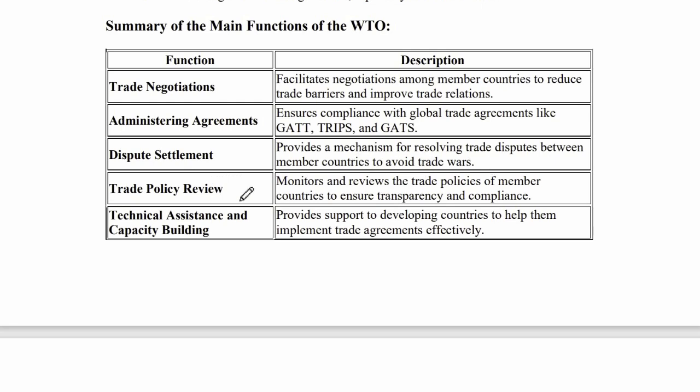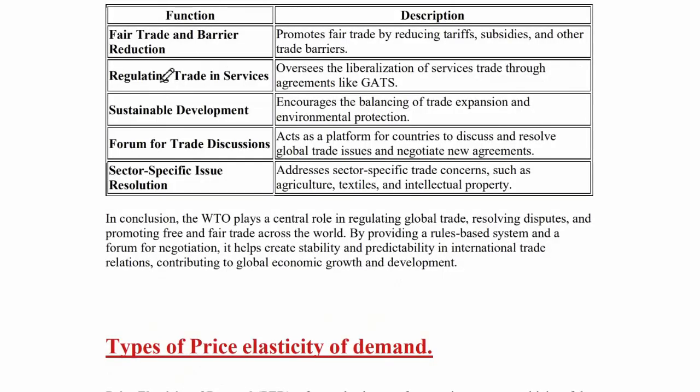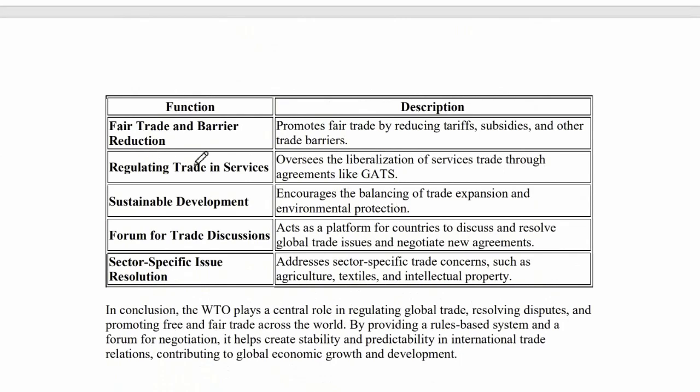Trade policy review monitors and reviews the trade policies of member countries to ensure transparency and compliance. Technical assistance and capacity building provides support to developing countries to help them implement trade agreements effectively. Fair trade barrier reduction promotes fair trade by reducing tariffs, subsidies, and other trade barriers.